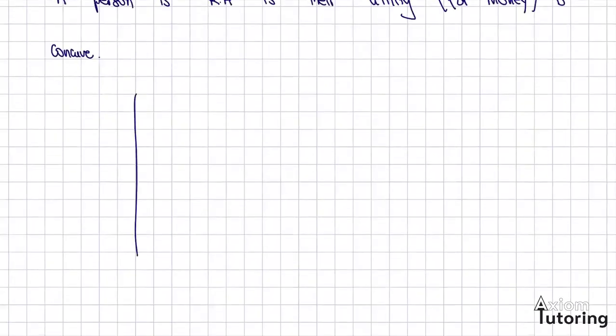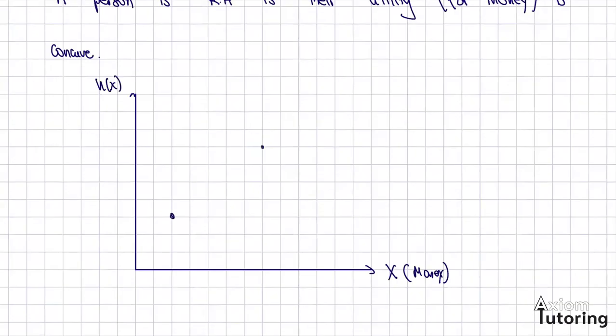So remember, I could pick any arbitrary point. Say this was money, X, and this was utility of X or utility of money. I could pick any arbitrary point here and here. Note that I haven't really given you so far in the previous video the shape of the utility function, because I didn't want the shape to be important.